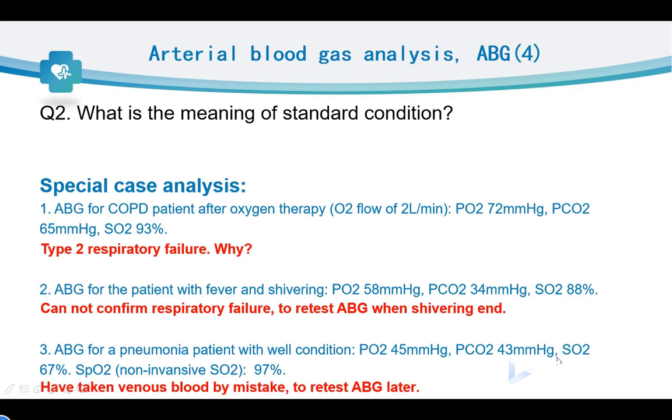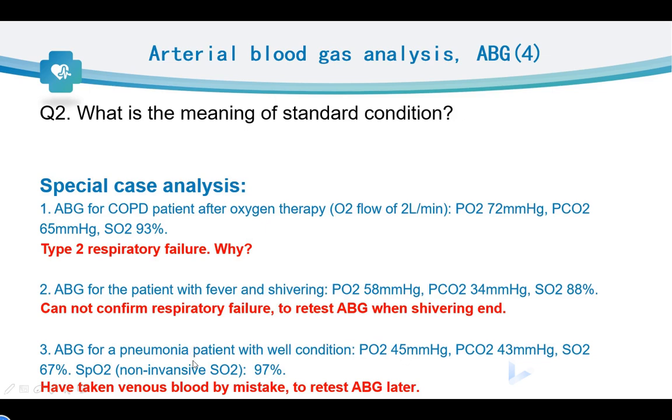The oxygen saturation in arterial blood and at the finger are different, right? Why are they different? And look at here. The partial pressure of oxygen in the blood is 48 mmHg. It's a very low level.